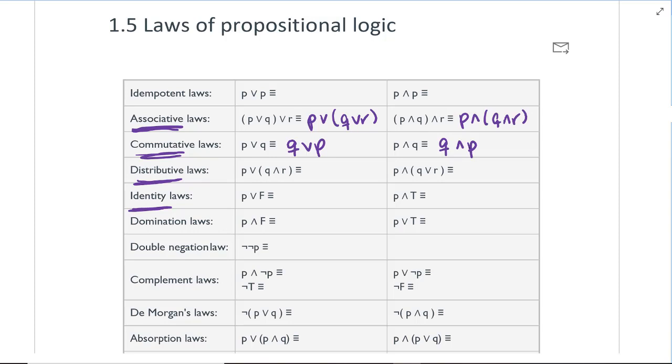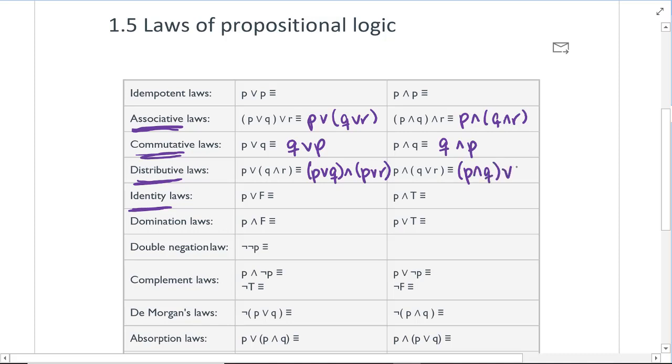P or quantity Q and R is equivalent to quantity P or Q and quantity P or R. If you don't believe that, we could fairly easily prove it by creating an exhaustive truth table. With P, Q, and R, that would be a truth table with 8 lines, a little bit long, but not impossible. The statement P and quantity Q or R, the distributive law works on that as quantity P and Q or quantity P and R.